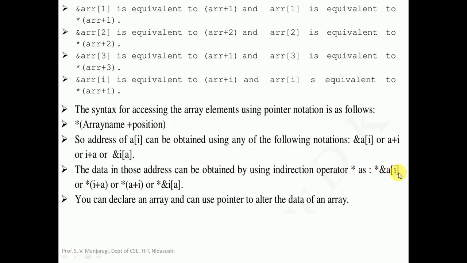Ampersand of A of I gives us the address of the memory location A of I, and star gives us the value. So this is equivalent to star of I plus A, or star of A plus I. So all these are equivalent.